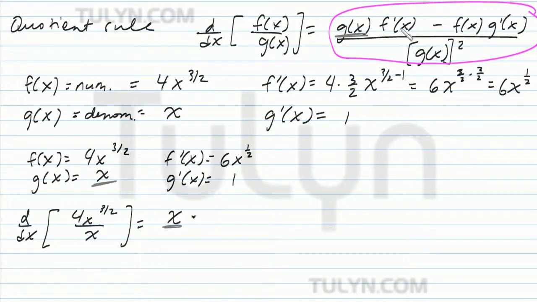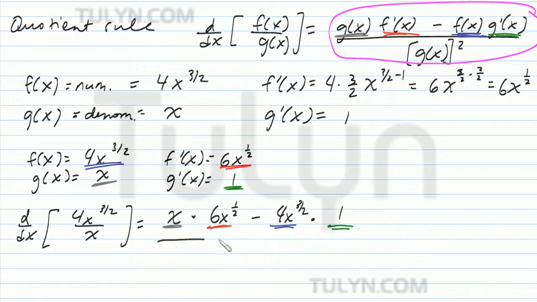Times f prime of x, which is equal to 6x to the half power, minus f of x, which is right here, which is equal to 4x to the 3 halves power, times g prime of x, which is 1, over g of x squared, which is x squared, right?